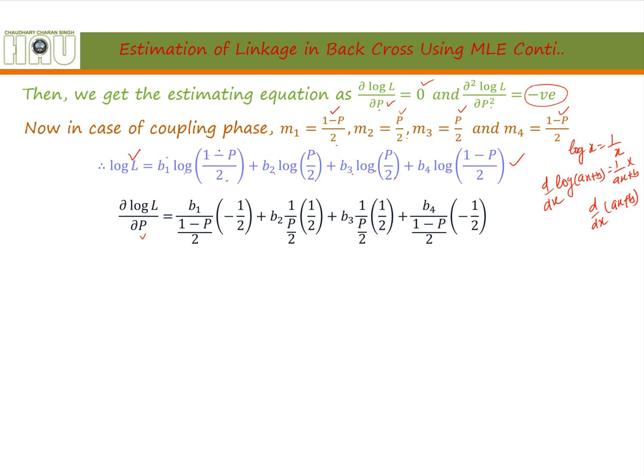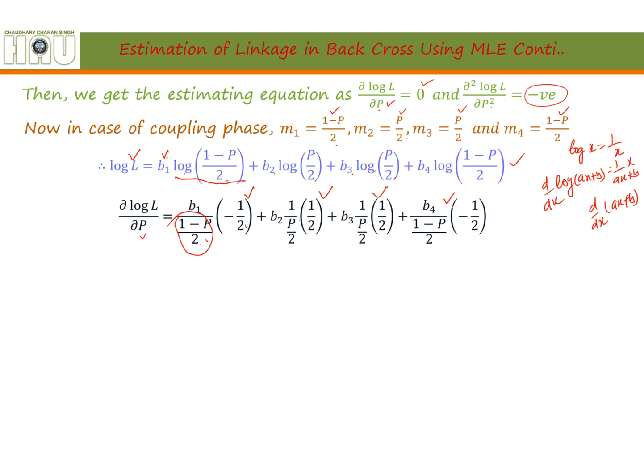So when you differentiate this function, B1 is a constant, B1 divided by this into the differential coefficient of this. The differential coefficient of minus P by 2 is minus 1 by 2. I think this is clear to you. Similarly for this term, and lastly you will get this term.